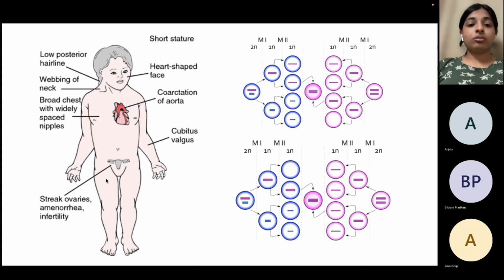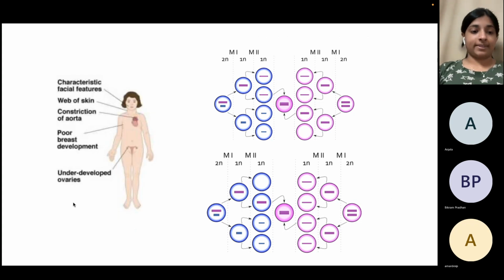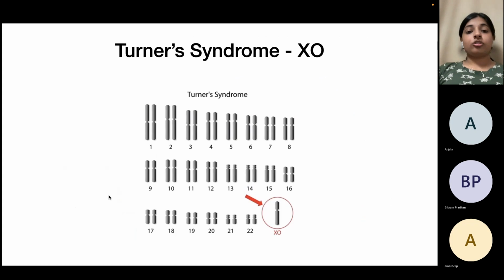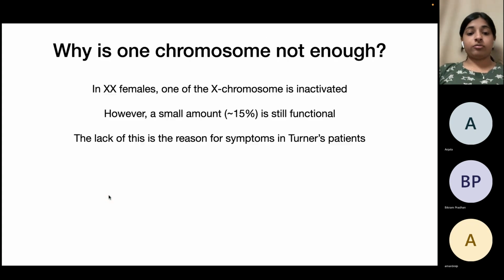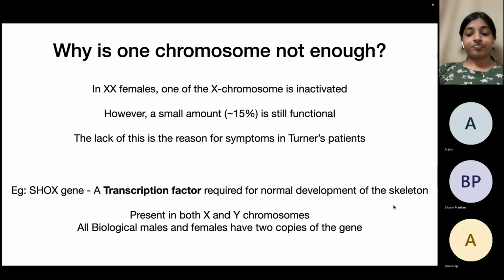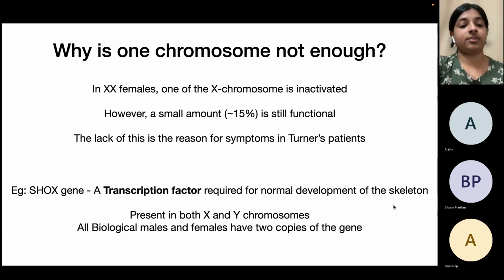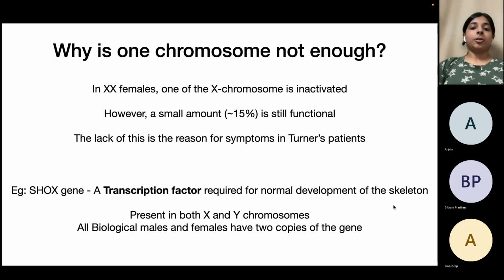So in fact, if you do look at the symptoms of Turner or triple X syndrome, there are the short stature or very tall characteristics that's seen in triple X because of the development of the skeletal system. There are, of course, other proteins as well, similar to the SHOX gene, that are responsible for these traits. And you can look into them if you are interested.